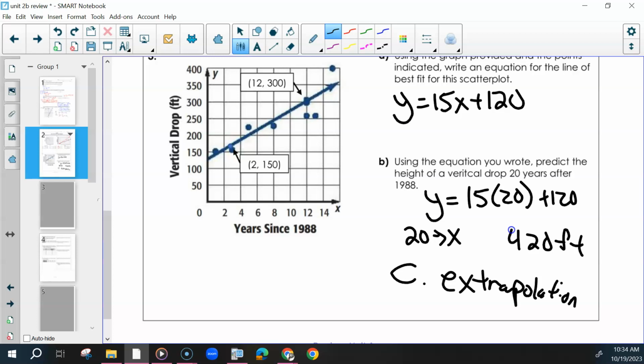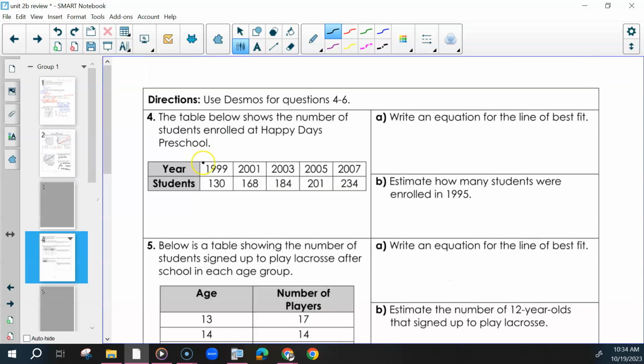As a reminder, if you are given data points, like this one, we were just given random data points, but like on the back, number 4, you're given years. Anytime you are given years, you have to change the first year to 0 and count how many years it has been since the original. So 99 to 2001 would be how many years? 2. 99 to 2003?